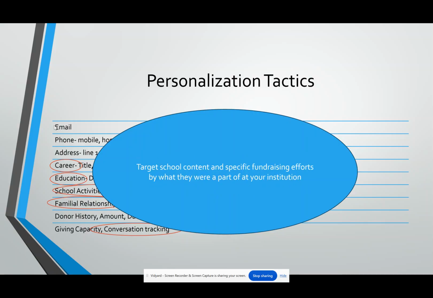Also, you can start to target your content, be it newsletters and what have you, depending on what people have done as school activities at your institution. So when you're thinking about what sports they were a part of, having coaches send out explicit updates around the sports teams, or if you have a musical coming up, inviting those who were part of the musical to come back or sharing with them what this year's musical is.